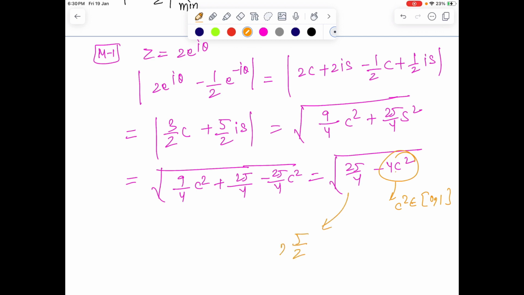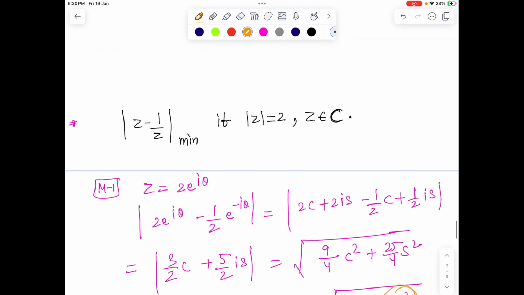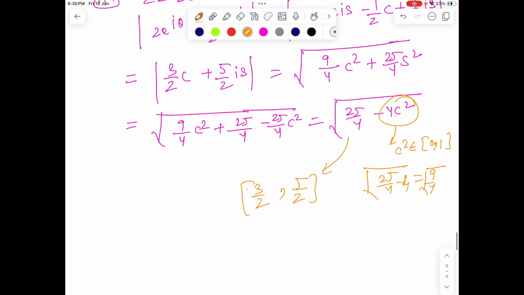So the maximum value of this expression will be 5 by 2, and the minimum value will be when this is 1. So it's root of 25 by 4 minus 4, that is root of 9 by 4, which is 3 by 2. So we have minimum value of this expression 3 by 2 and maximum is 5 by 2. In fact, I could have asked for the maximum also, and that's 5 by 2. So the range of this expression is 3 by 2 to 5 by 2.